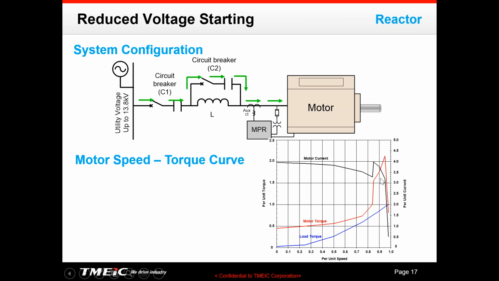Here is the typical speed torque curve of the reactor reduced voltage starting method. At maybe between 85 and 95 here, you see big bumps in the motor current and the torque. There's a big peak. That's where we switch the motor over to the utility line.